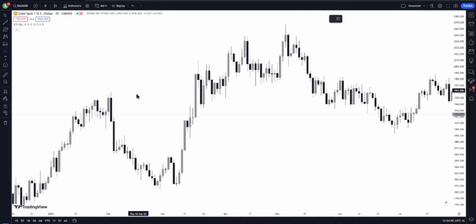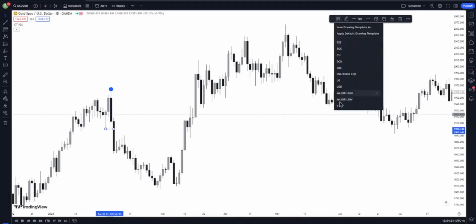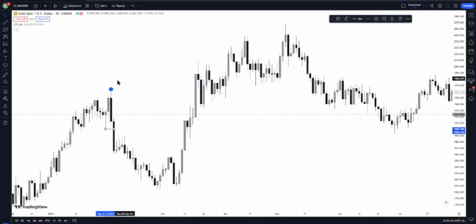As you can see, this is a high. For this high to be confirmed as a valid high, it has to first of all take out inducement in the market. Our inducement is here, and price has taken out that inducement, confirming that high as a valid high.